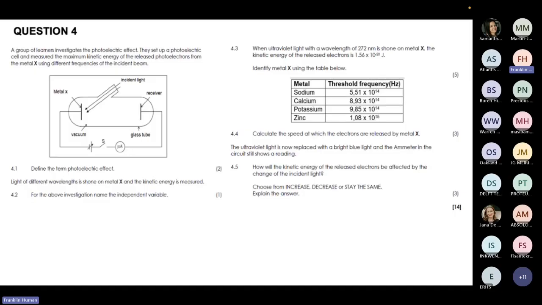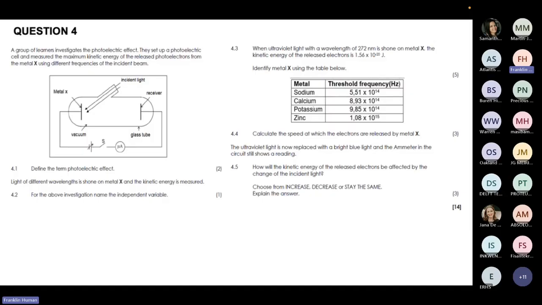Those equations are given on our information sheet, our data sheet at the end of the question paper. We have to familiarize ourselves with the quantities for the constants that we use, that is the speed of light and Planck's constant. We also have to be careful that any values for wavelength that are given to us in units other than meters must be converted to meters.